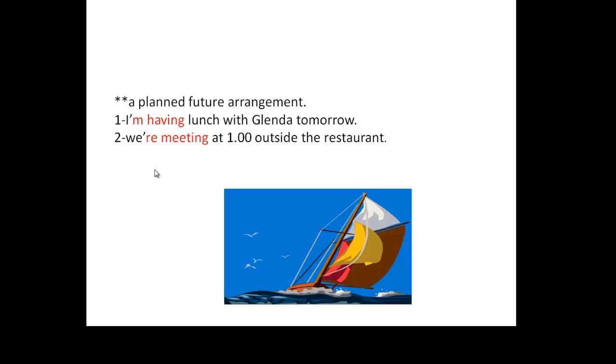Here I have a plan, so I can use present continuous to express a planned future arrangement. The second sentence: we are meeting at 1 outside the restaurant. Here also we have a planned future arrangement with somebody, so we use present continuous to express the future.